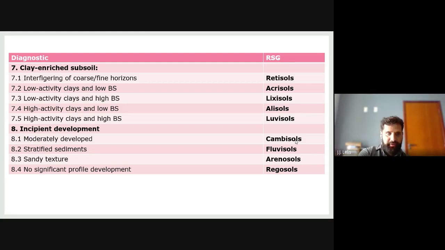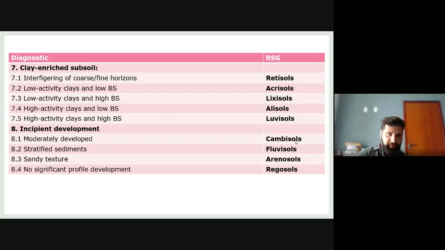The aluminum content helps the stabilization of some high activity minerals, and that's why we can find some high activity clays with a low base saturation.